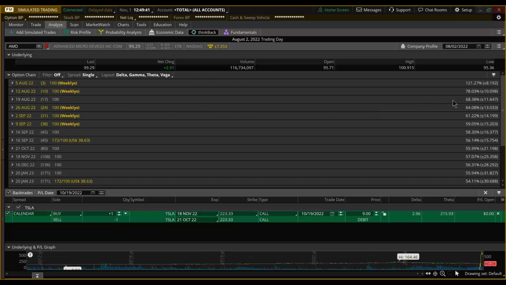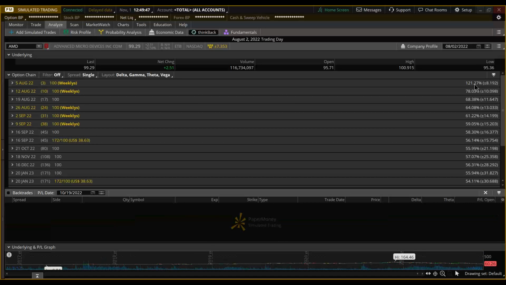Now I'm not going to put this in as a back test or anything else. I'm going to just simply look at the IV, and we're going to go forward a day and see what the IV is after the news comes out, okay? So go forward one day. The fronts crush all the way down to 64, okay? So 121 down to 64.